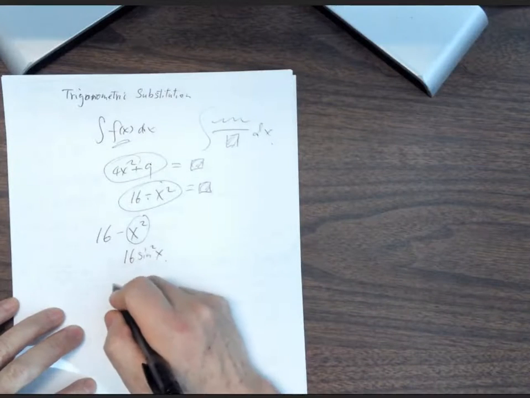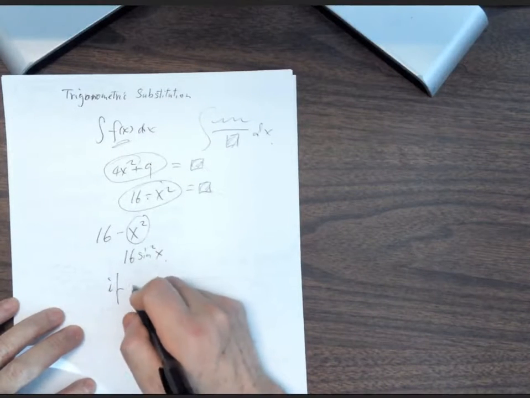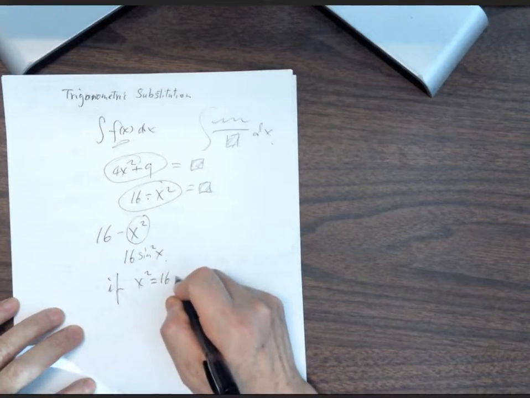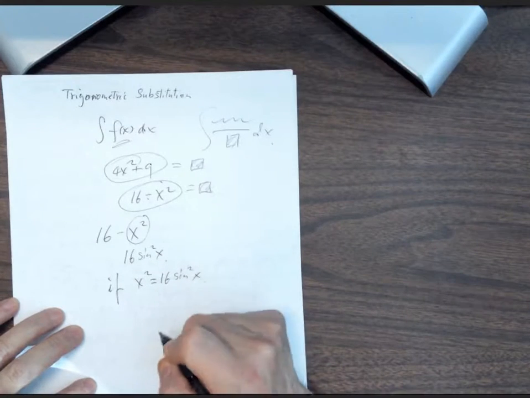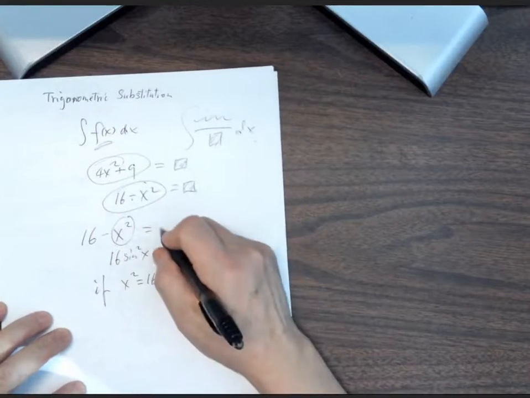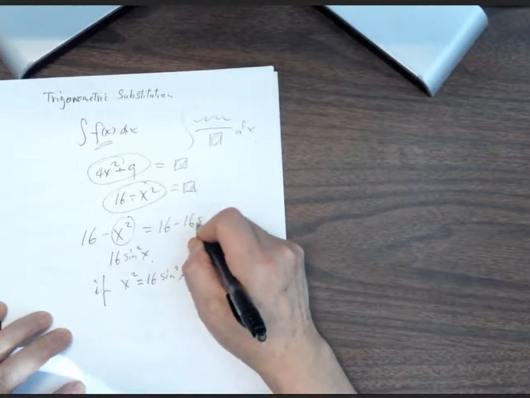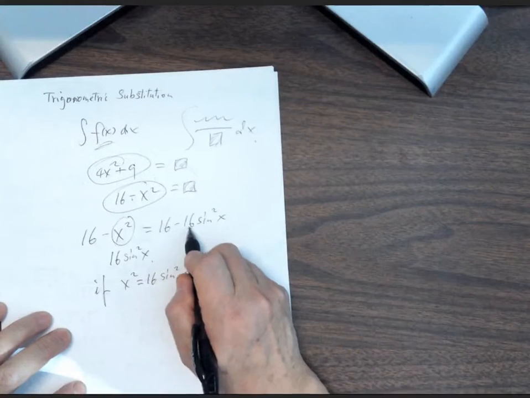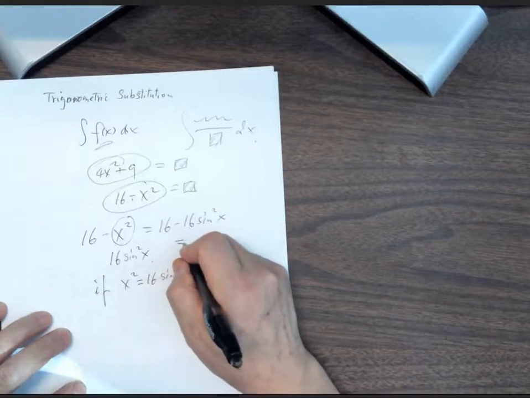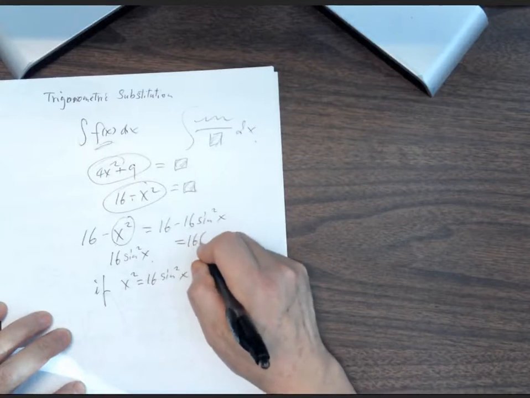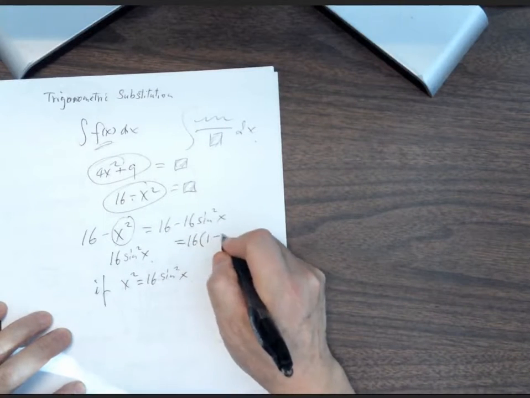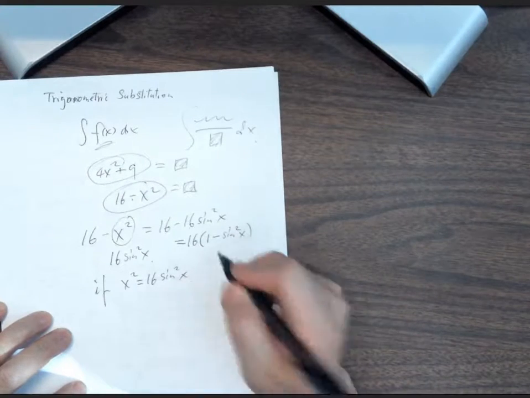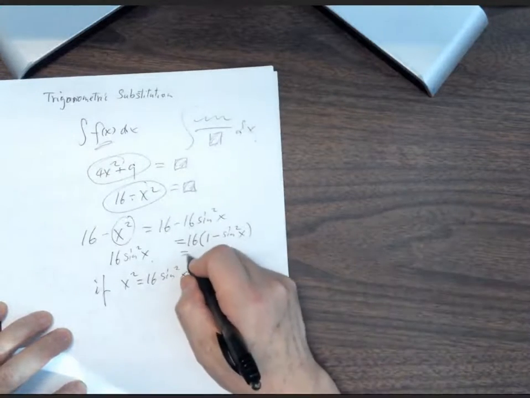Now, if x squared actually is 16 sine squared, then this will become 16 minus 16 sine squared. This is a 16 matching 16. With that, we can factor out 16, leaving us exactly the combination we wanted to apply the identity.